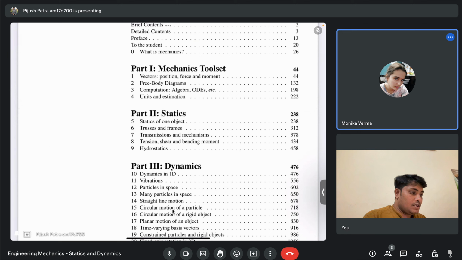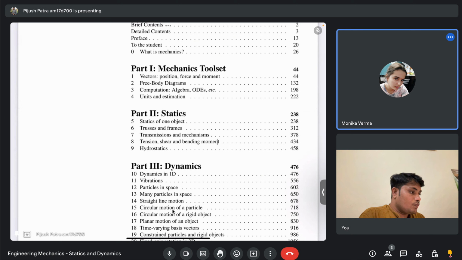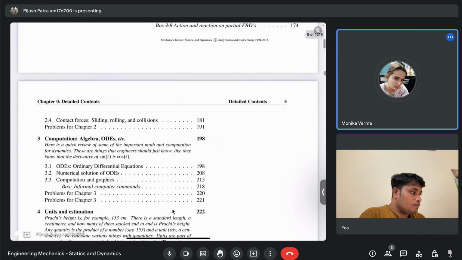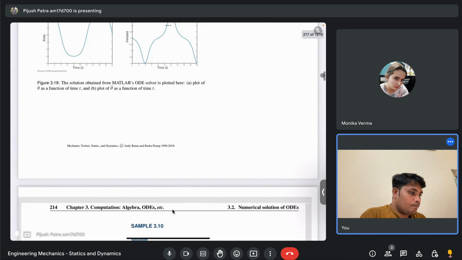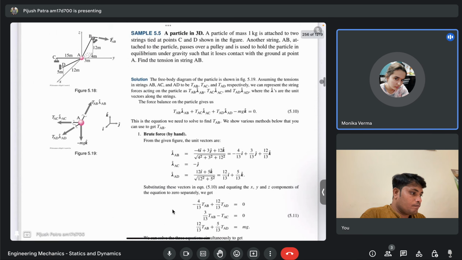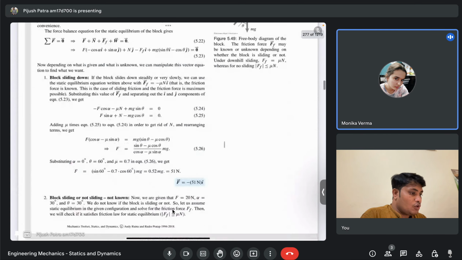I see. Let me check, it is on page 238, static trusses. Extremely sorry, sir, my laptop has hung, so I'm not able to share my screen. Okay, no problem.